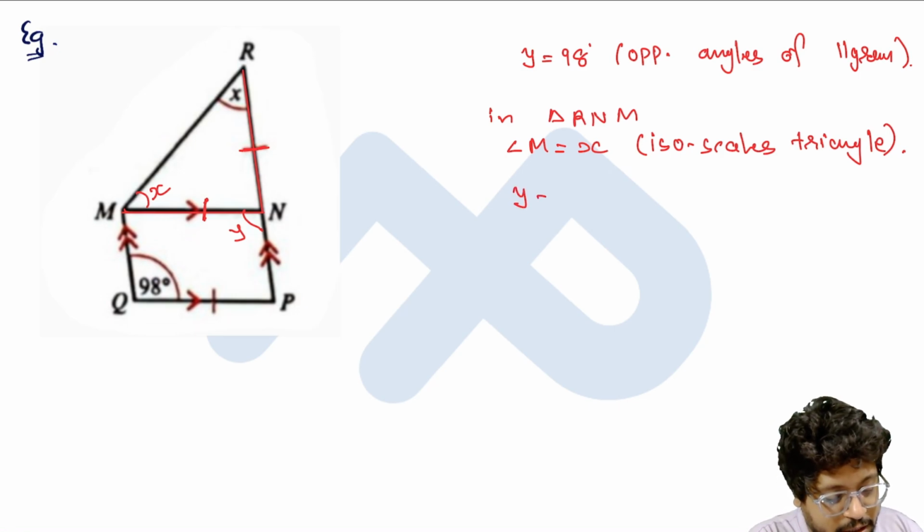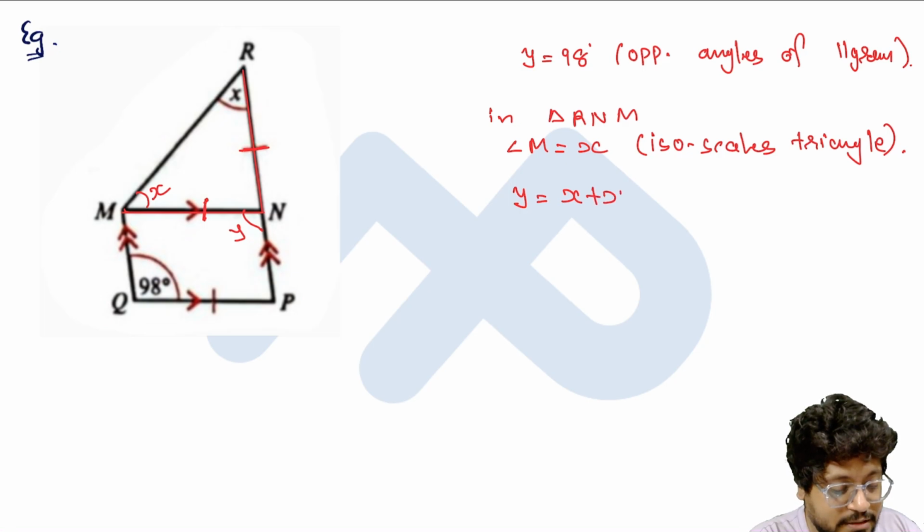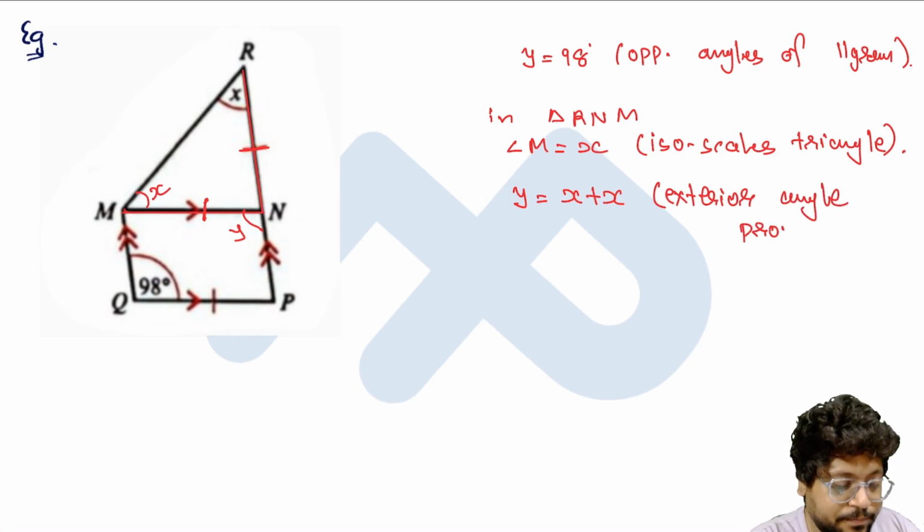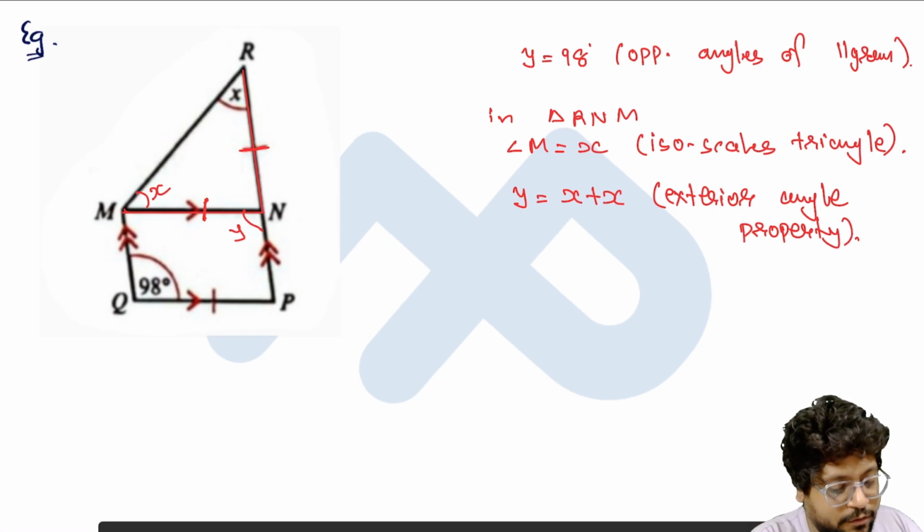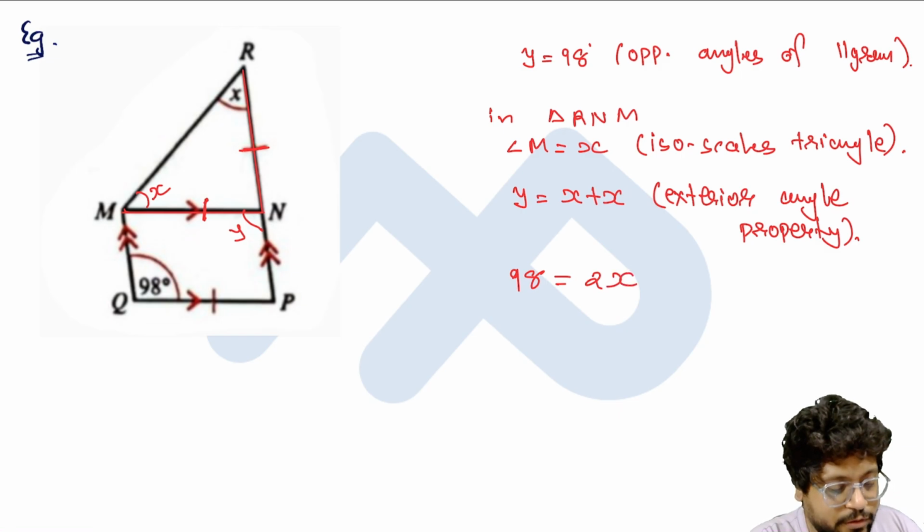So y will be equal to this x plus x. Reason is exterior angle property. So y we have already found, that is 98. 98 is equal to 2x, because x plus x is 2x, so x will be 98 divided by 2, which is nothing but 49 degrees.